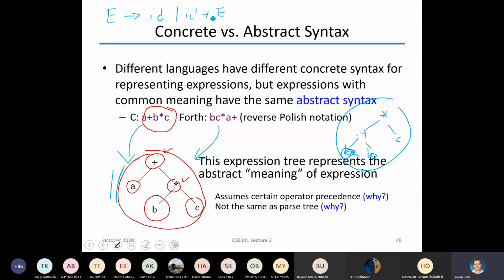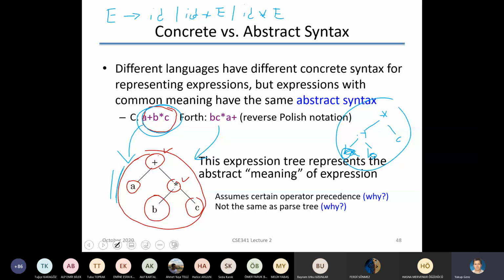Now, from this concrete syntax, I have to go back to my abstract syntax. And we said the abstract syntax is going to be associated with the parse tree that I get out of this concrete syntax, right? So when you give this input to this grammar, it will say, yes, I can explain this easily, because A is an ID. So this would probably generate something like this.